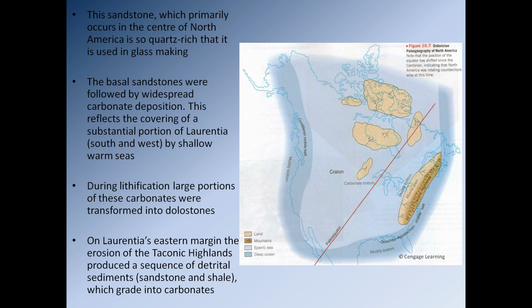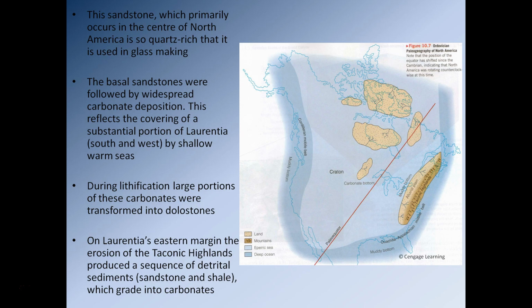And that means that you are going to get massive, absolutely massive carbonate deposition. So essentially the entirety of North America becomes one massive carbonate shelf, with huge quantities of carbonate being formed and deposited.